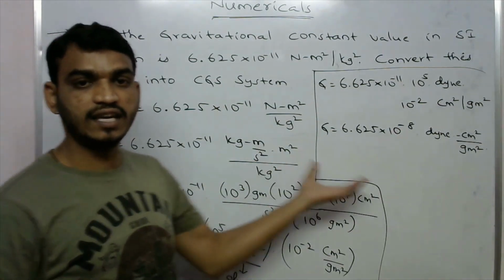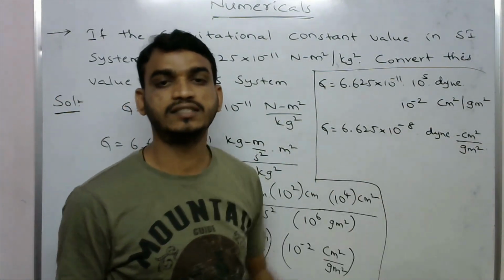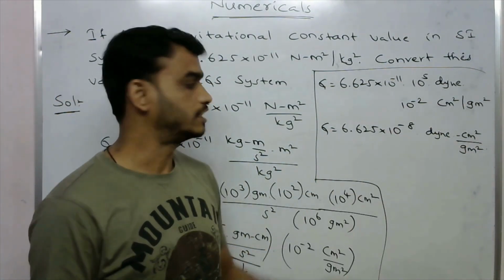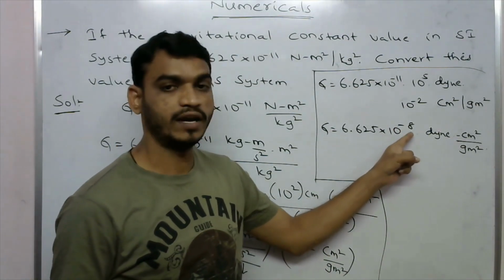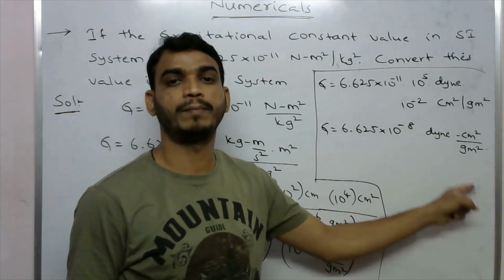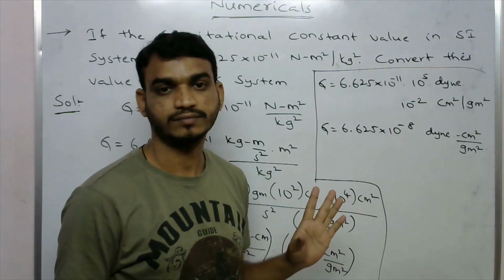So this is the value in the CGS system: 6.625 into 10 to the power of minus 8 dyne centimeter square per gram square.